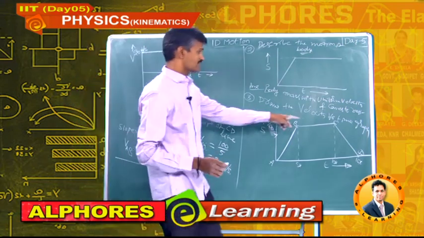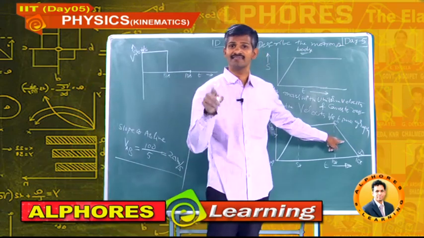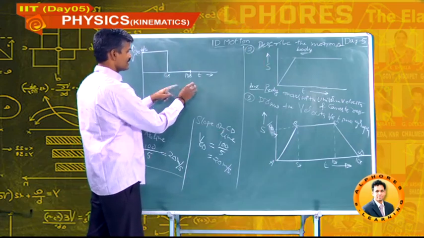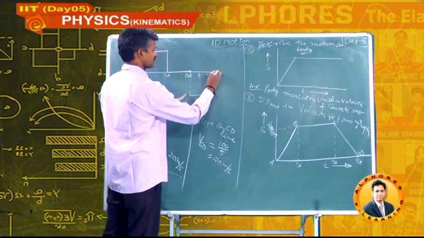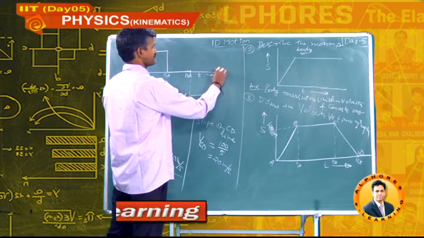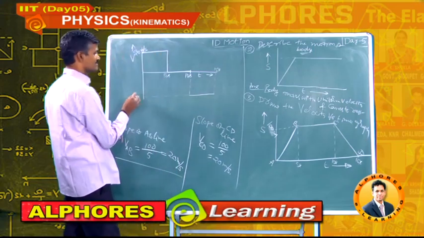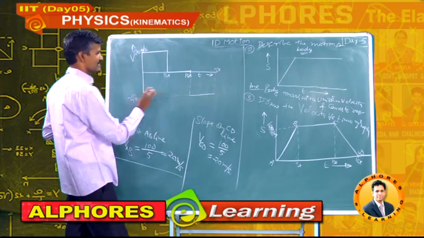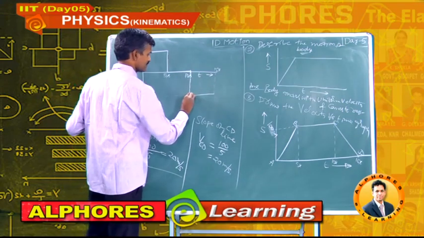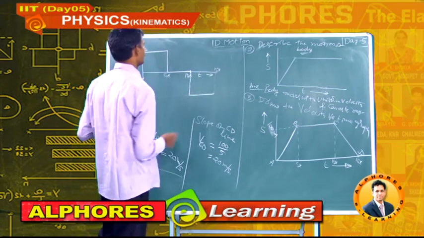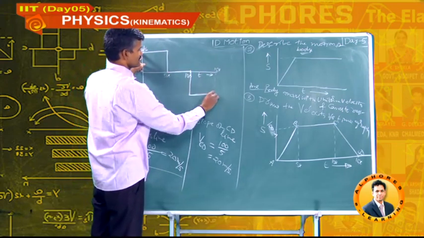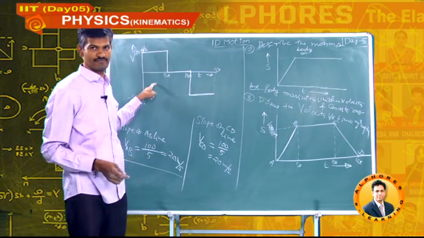Here the slope is negative, so the velocity is negative. After 10 to 15 seconds the velocity is minus 20 meter per second. This is the actual velocity time graph.